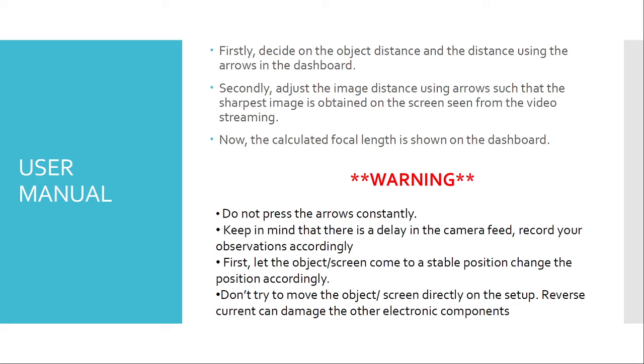So while observing and recording your results, please make sure that you first let the feed refresh and then note your readings. While the setup is idle, don't move the object or the screen with your bare hands. That could introduce reverse current and damage the relays or the microcontrollers that we are using.